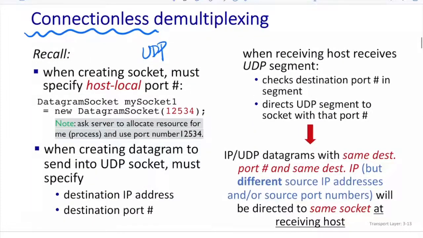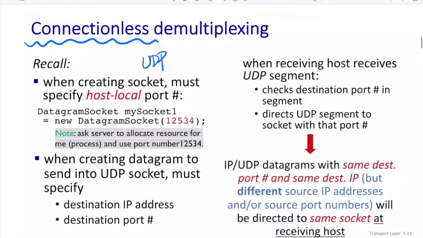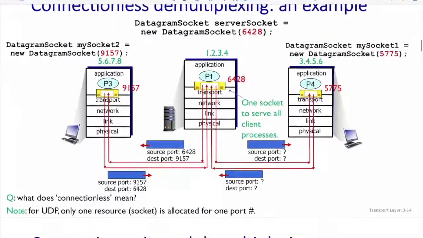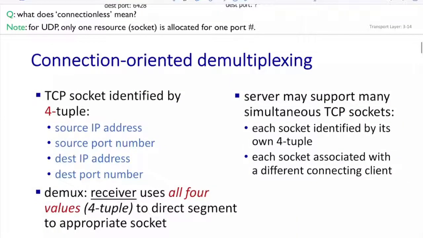Here we have several different pages. As I mentioned before, when you see connectionless, that means UDP in this textbook. The rule of UDP demultiplexing is a little different from TCP demultiplexing.